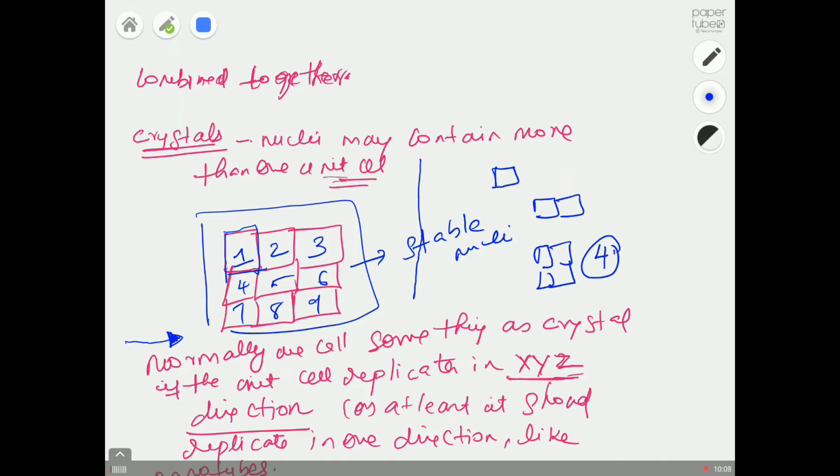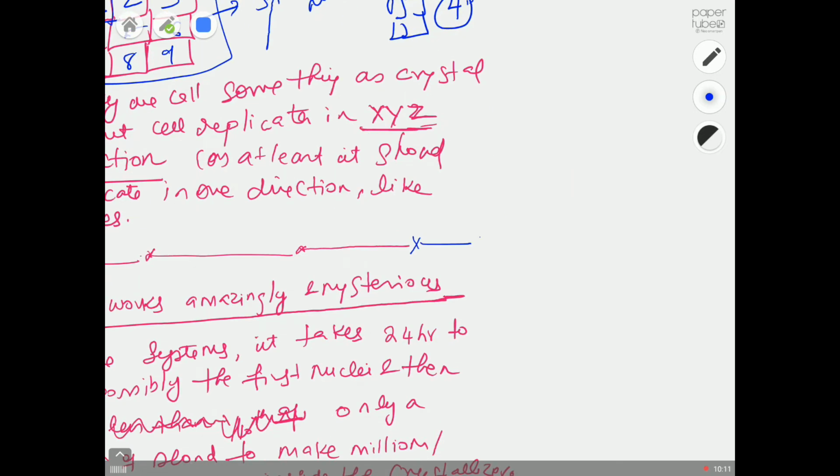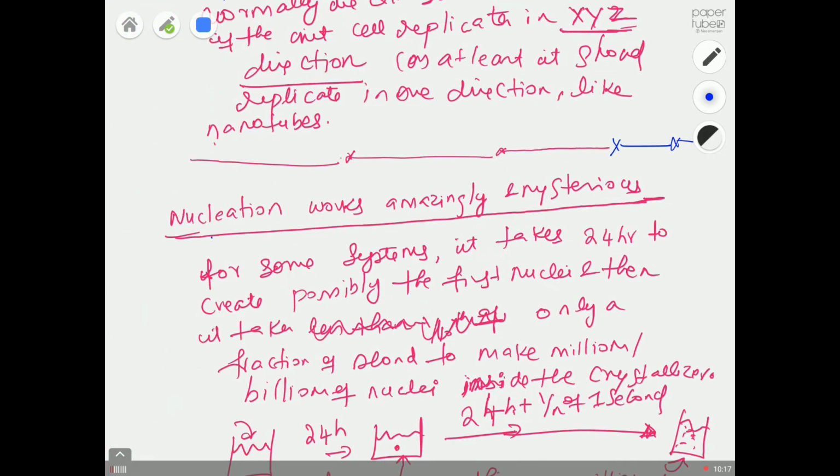A few things you should know through this module: nucleation is sometimes amazing, because you start from a solution and then you make beautiful crystals out of it. All you do is create supersaturation and then wait, and the system will take care of itself. The molecules will recognize each other, and at some particular point they will arrange themselves to make a perfect, beautiful crystal.